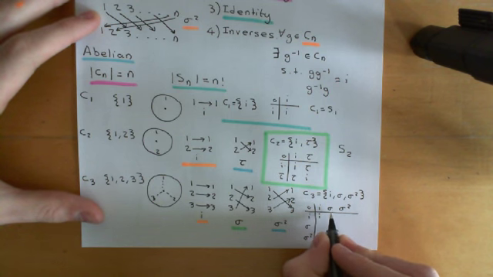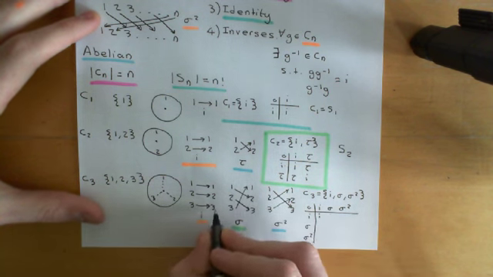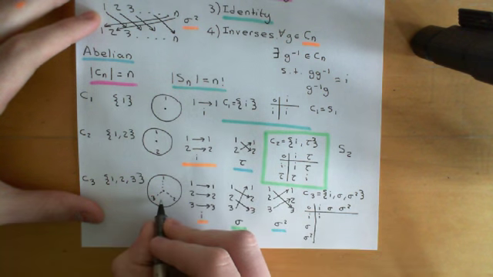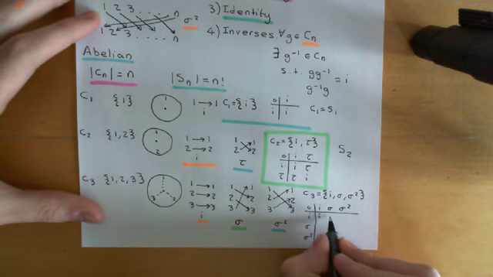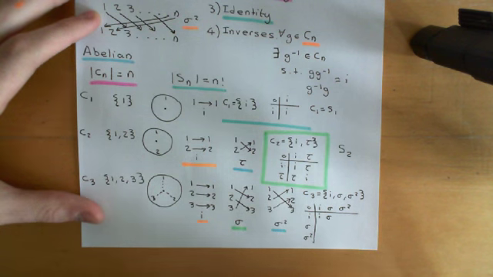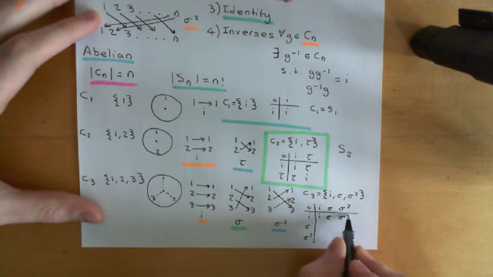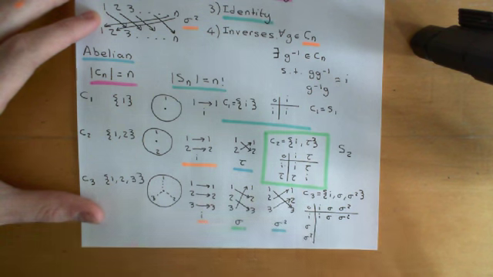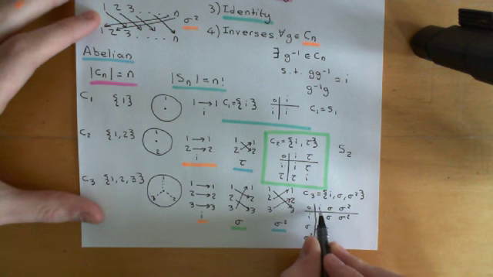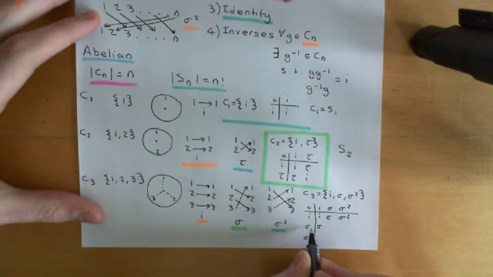The identity composed with sigma means do sigma and then do the identity. Rotate by 120 degrees and then rotate by nothing. That's overall still rotating by 120 degrees, and so on. Rotate by 240 degrees and then rotate by nothing, that's still rotate by 240 degrees, and the same is true down here. This time sigma composed with the identity means do the identity first, rotate by nothing, then rotate by 120 degrees.